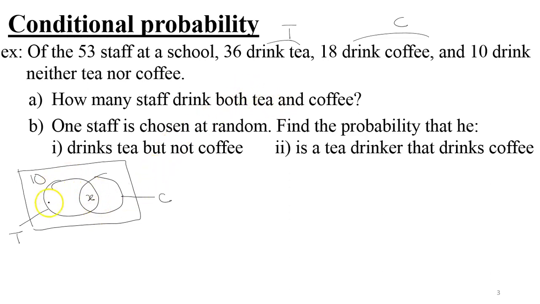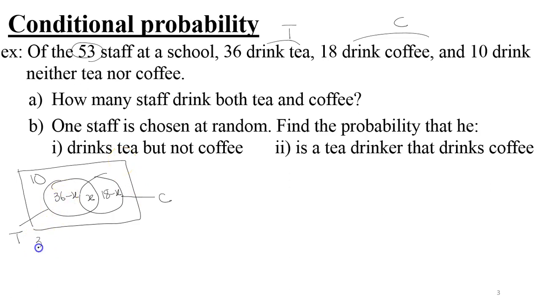So if in total for T we have 36 and we have X in the intersection, then the people that drink tea only are 36 minus X, and the number of people that drink coffee only are 18 minus X. Now our point here is to find X, but we do know that in total we have 53 staff members at the school, so the sum of all of these should be equal to 53.